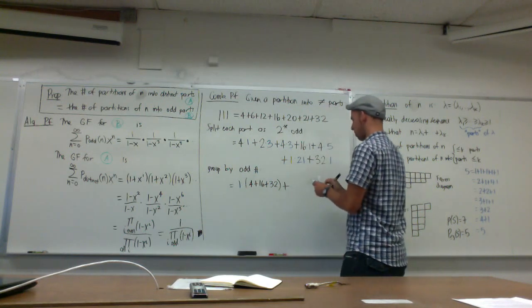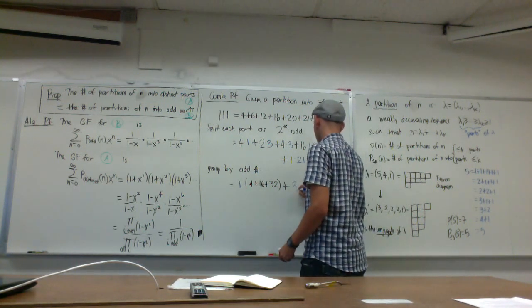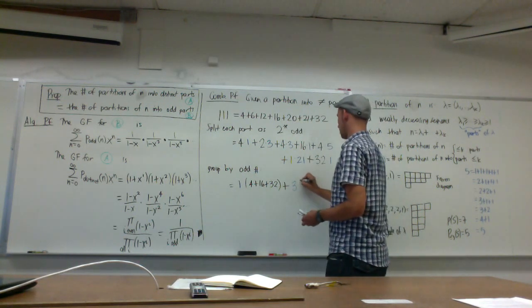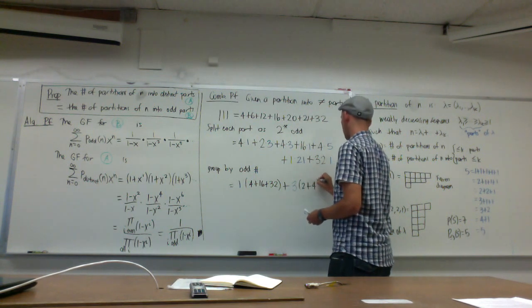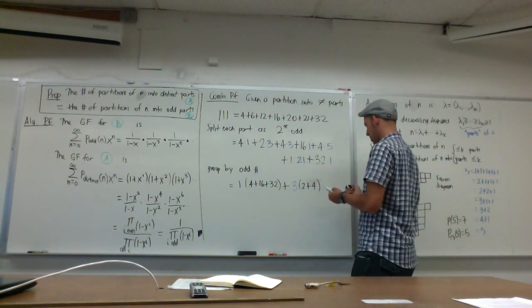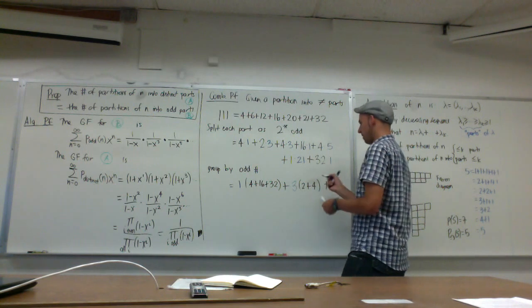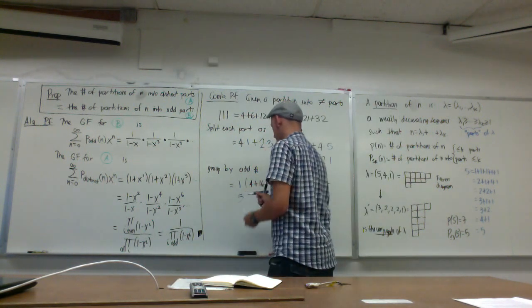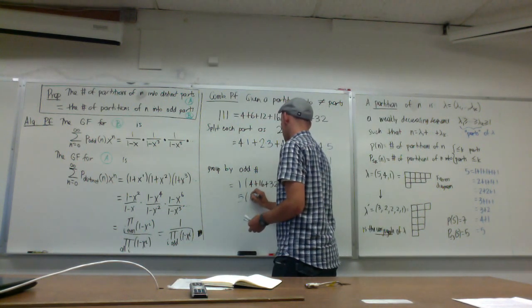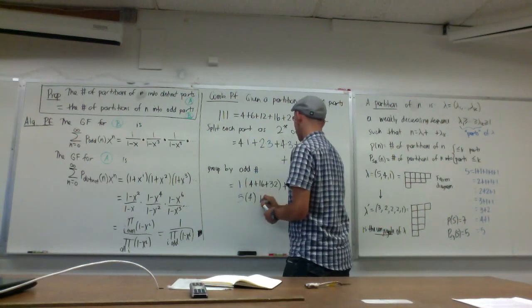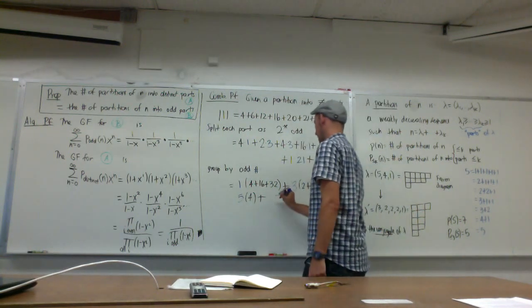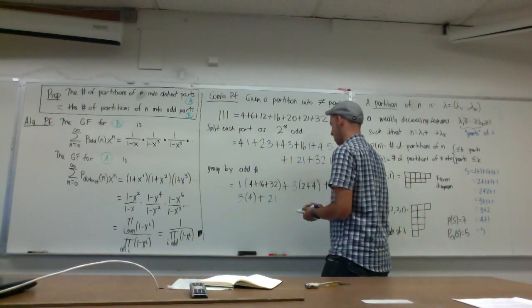Plus, who got a 3? Times 2 plus 4. Then, plus, who got a 5? 4. And then, who got a 21? 1.